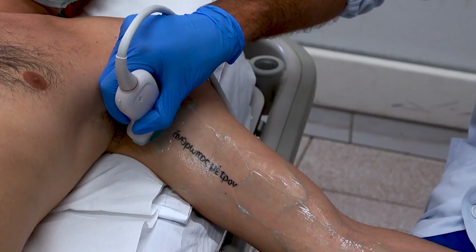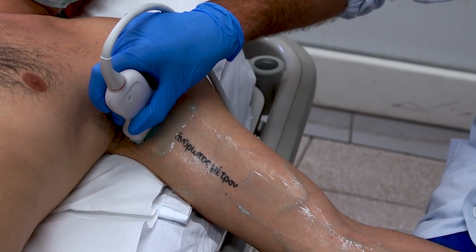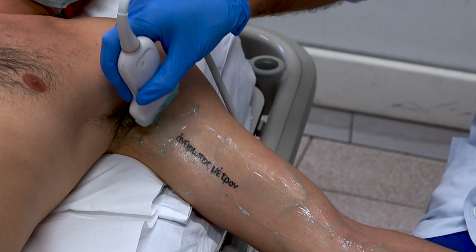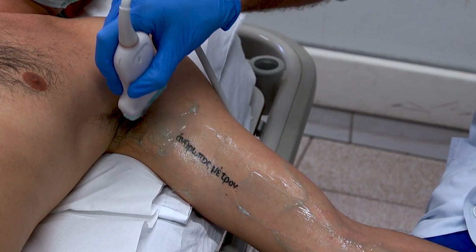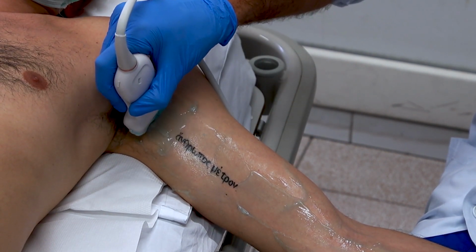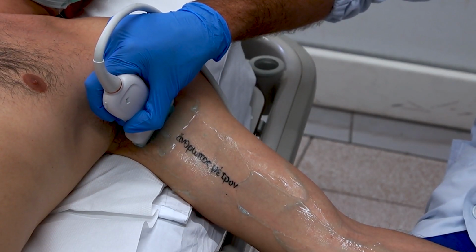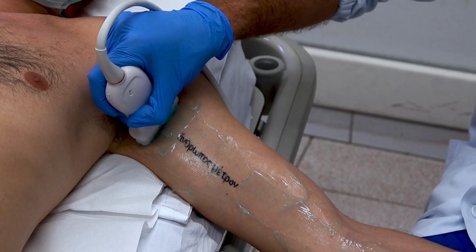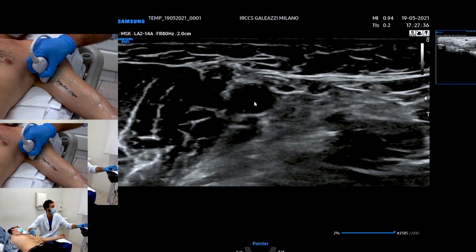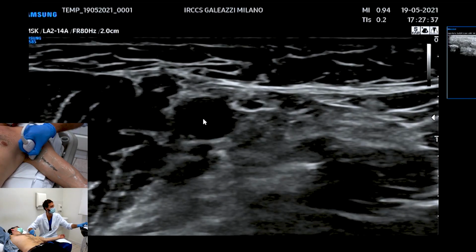So to start the ultrasound of the median nerve, we can place the probe at the level of the axilla in short axis to search for our anatomic landmark, which in this case is the brachial artery.